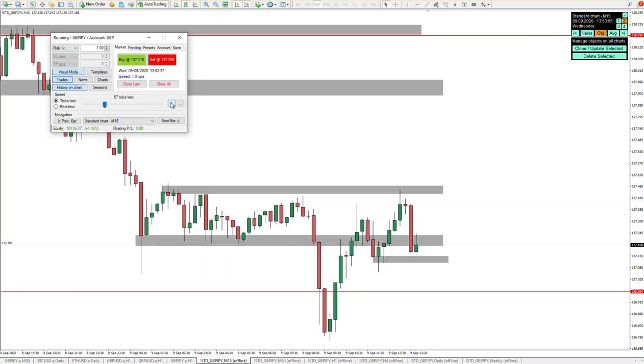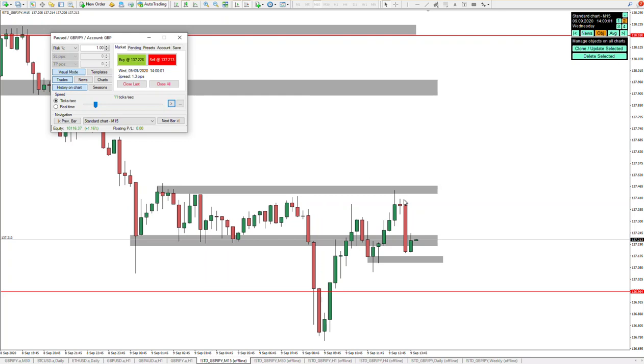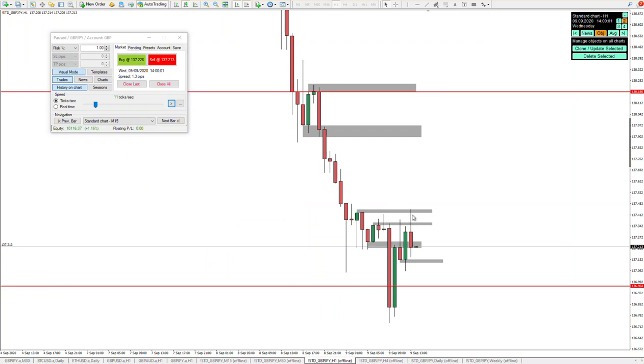Pulling up, probably making just a wick to continue down. Oh well. Okay, now we got a close of the hourly. The hourly made a higher high and rejected this resistance.